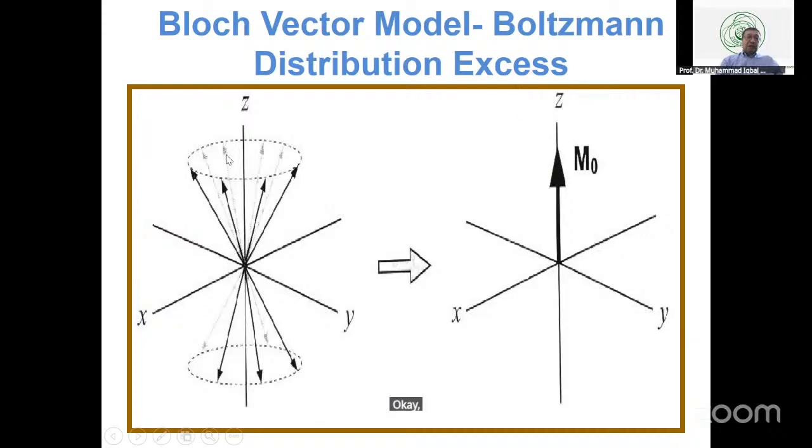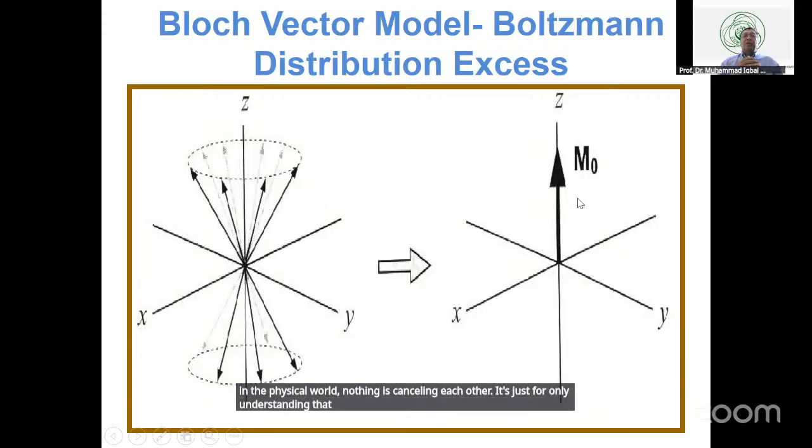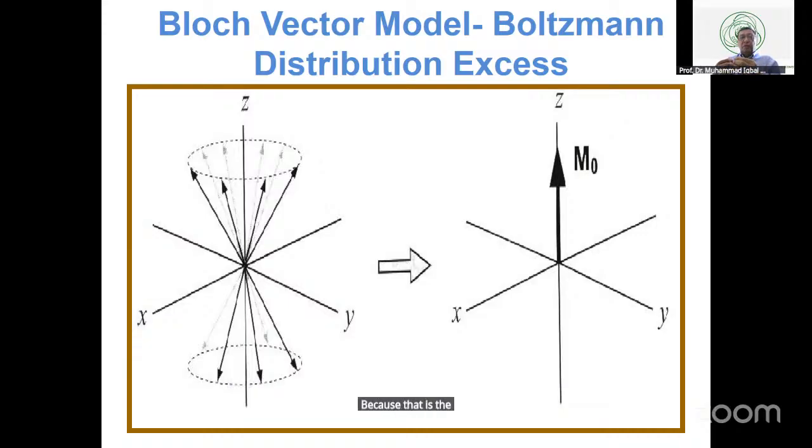Okay, this is for understanding only. Kindly remember that in the physical world, nothing is canceling each other. It's just for understanding that we know this tiny difference between the population of the low energy state and the high energy state is the one on which the entire NMR theory is based, because that is the excess population which will absorb radio frequency.